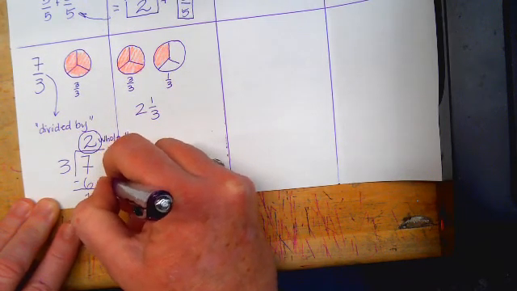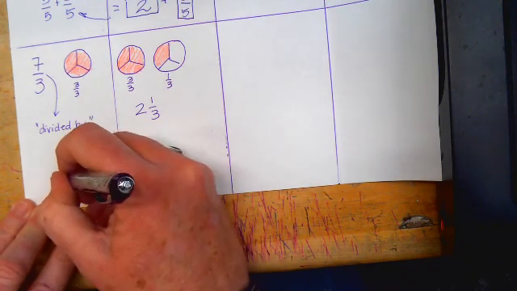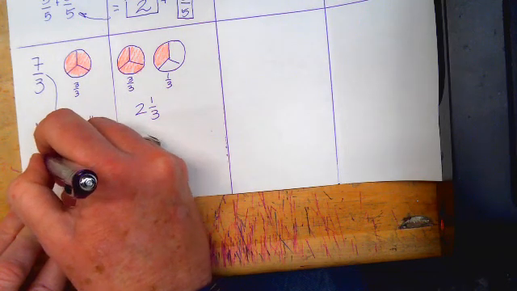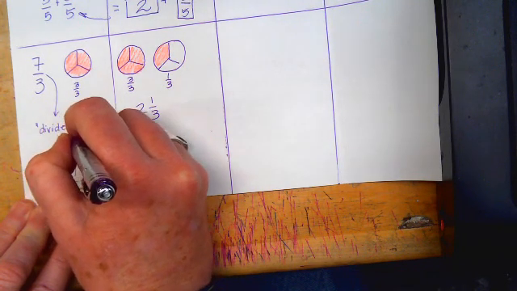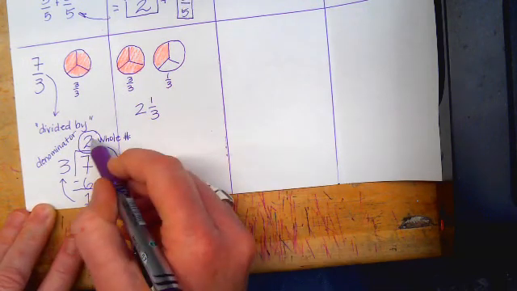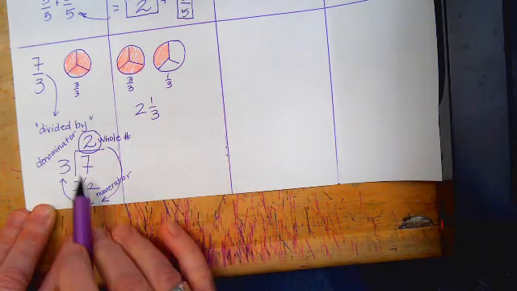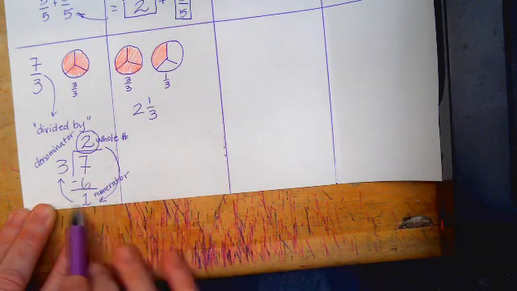This number right here is going to be our numerator. This number right here is going to be our denominator. So we read it 2 1/3, right?